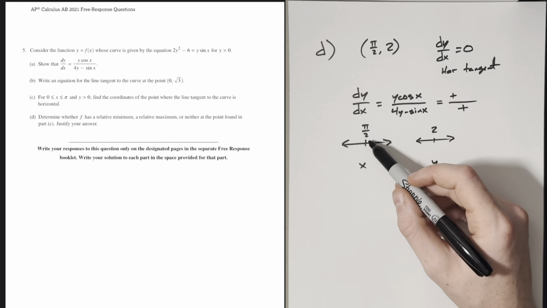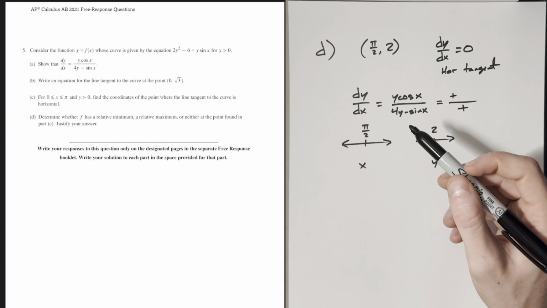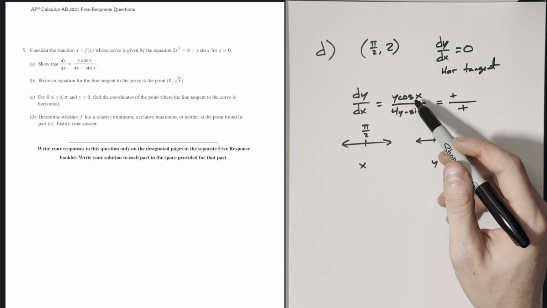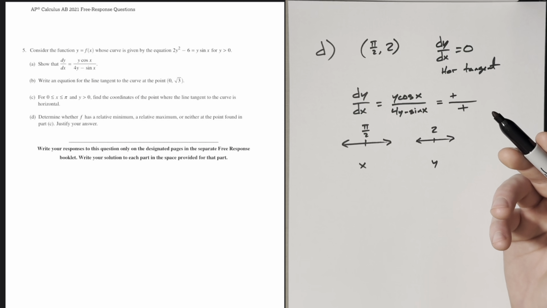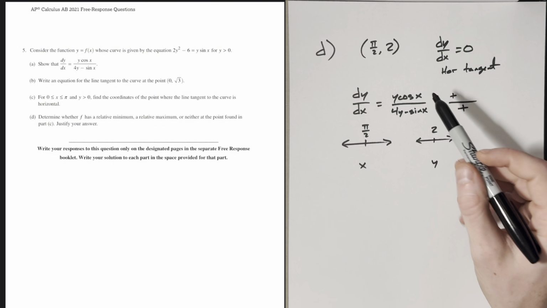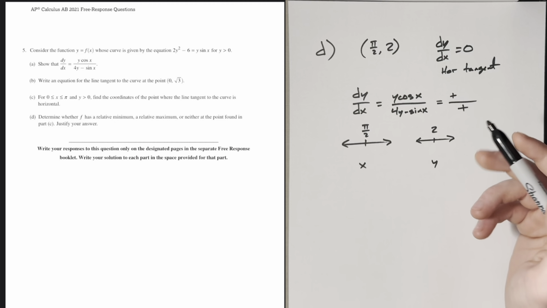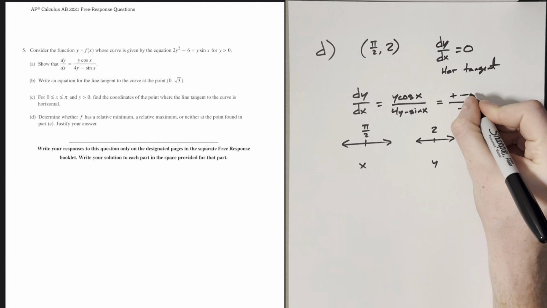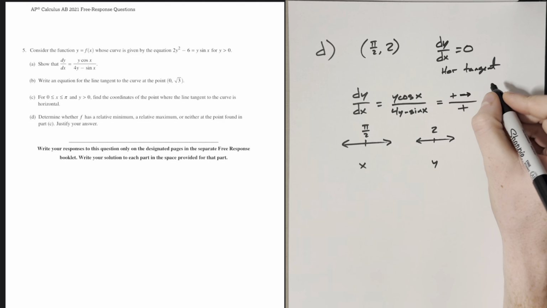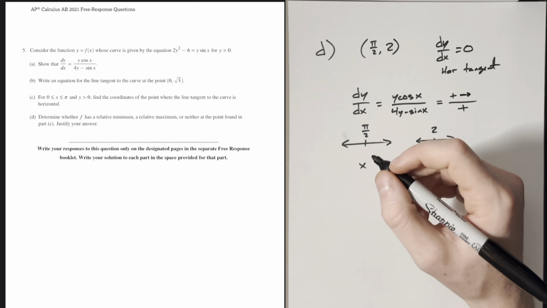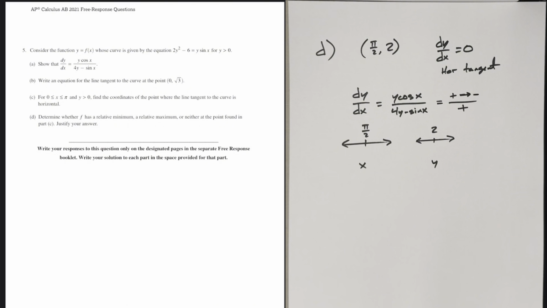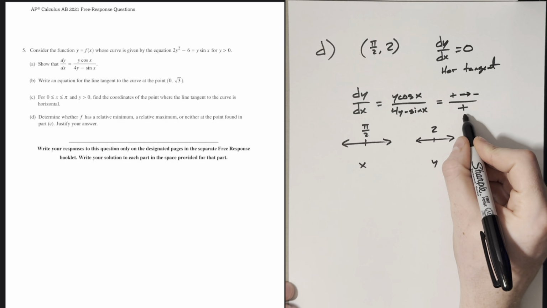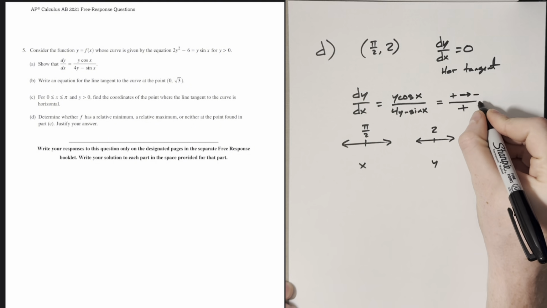Now if I plug in a number greater than pi over 2, y is still positive, but the cosine of 3 pi over 4 is negative root 2 over 2. So my y cosine of x would now become negative. As x goes from the left side of pi over 2 to the right side, I'm going from positive to negative, while my denominator is always staying positive.